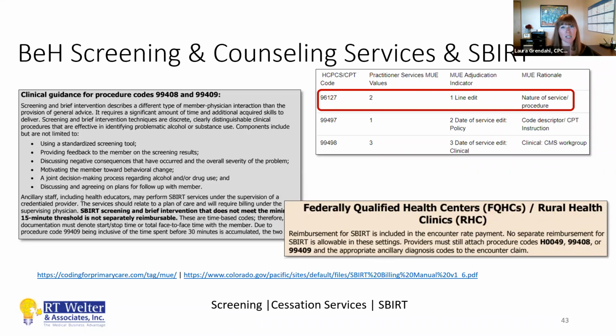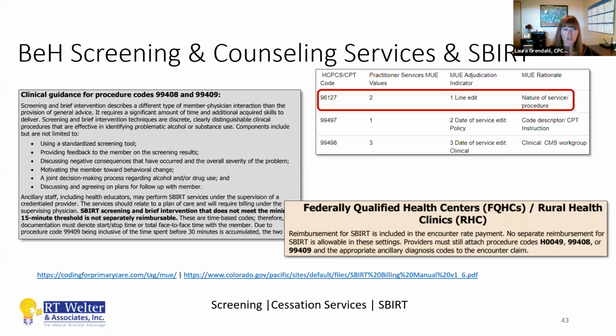If you look at the box to the left, which is that gray color, it says clinical guidance for procedure codes 99408 and 99409. The very bottom paragraph states ancillary staff, including health educators, may perform SBHC services under the supervision of a credentialed provider.